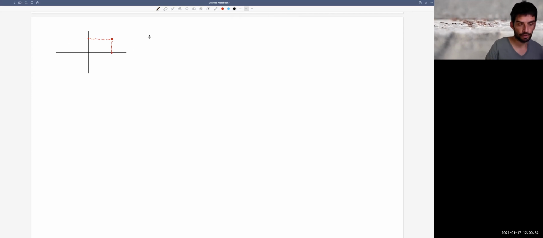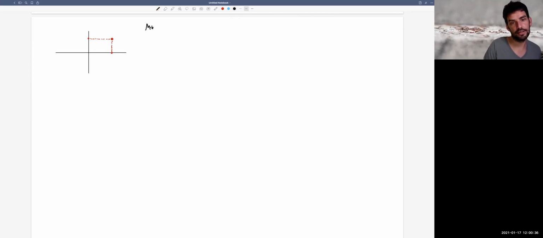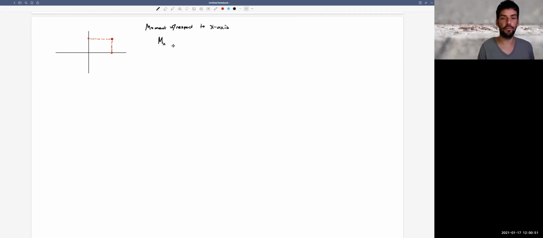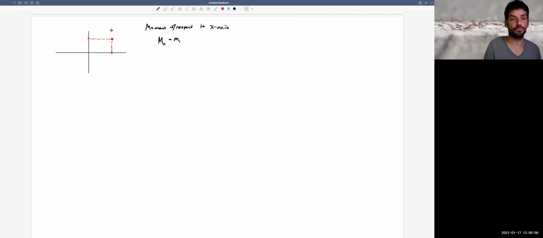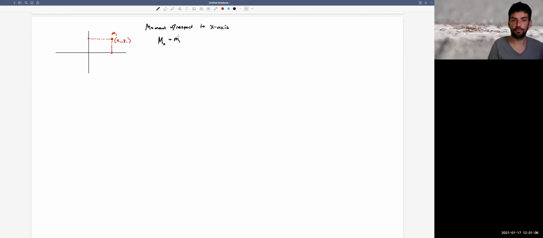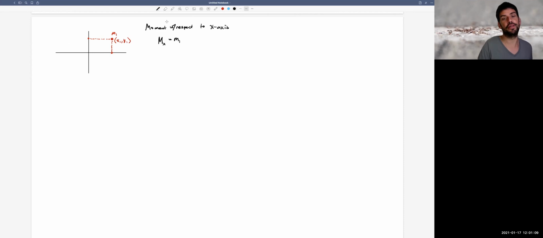And we'll call its moment with respect to the x-axis m sub x, and we take the mass, so I'm just calling this mass m1, and it has coordinates x1, y1. We take its moment, so here's where it gets a little confusing. It's with respect to the x-axis. How far is it from the x-axis?